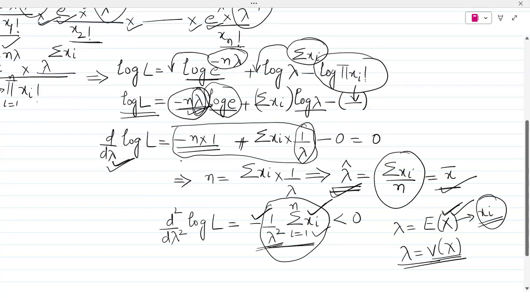So the xi are never negative. Since this expression is never negative but here it is negative, this proves the same thing, that the second derivative is negative here.